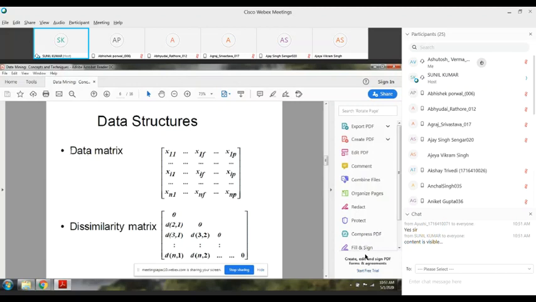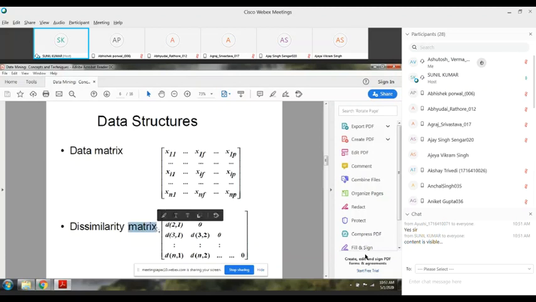Remember one thing: for that we are going to make a matrix, and that matrix is known as the data matrix. In this data matrix, everything is in the form of m cross n, where m is the number of rows and n is the number of columns. Then we are going to calculate the dissimilarity matrix.